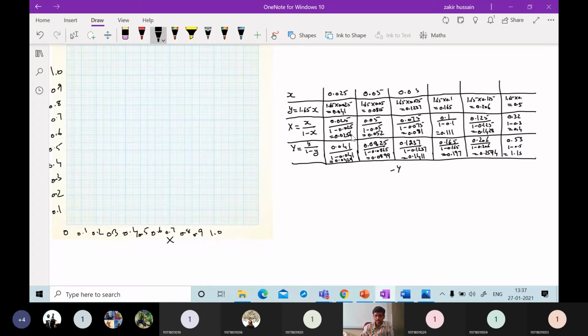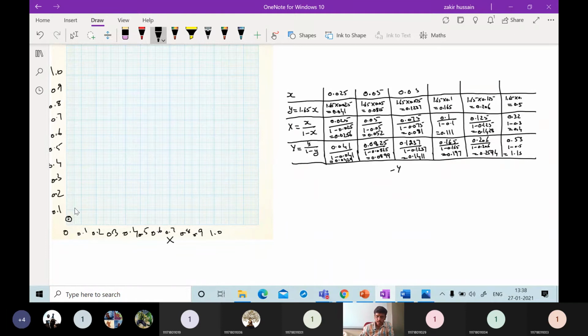The first data point is x equal to 0.0256, so 0.02 means it will be coming here, and y is equal to 0.043. So 0.02 and 0.04, the first data point will be here. The next data point is 0.052, 0.05 is this one.